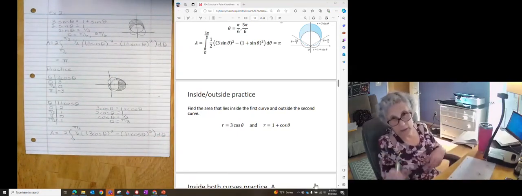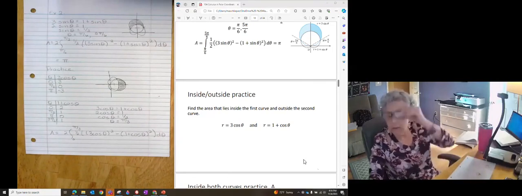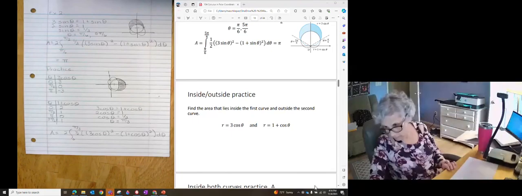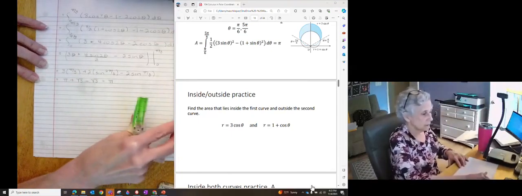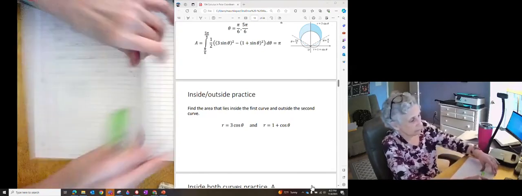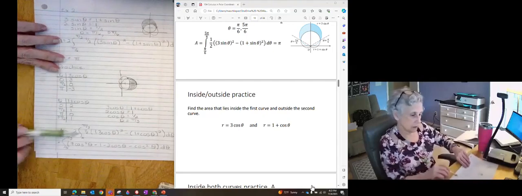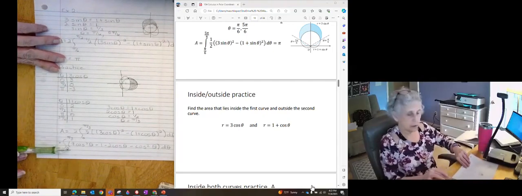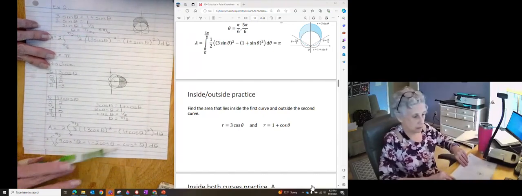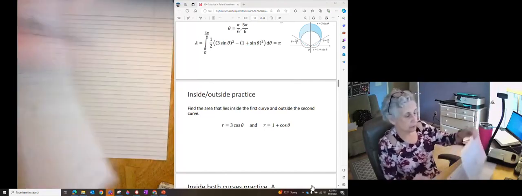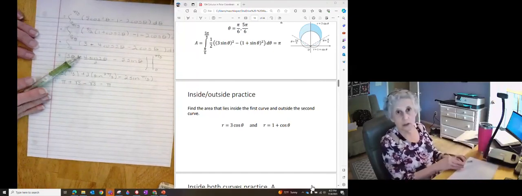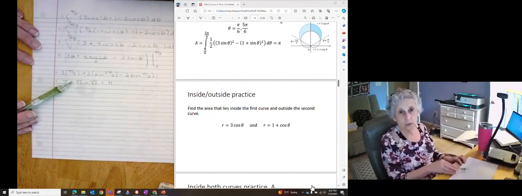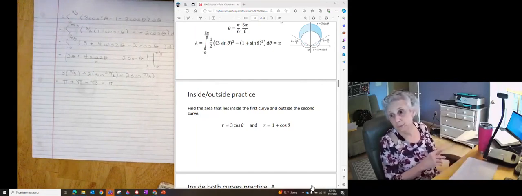Now I'll take a break and do the integrating, and we'll meet back and compare answers. Well, I worked kind of hard for it, but I ended up with pi. I took 3 cosine theta, squared it, subtracted off the square of 1 plus cosine theta, combined like terms, used the half angle formula, and ended up with pi.